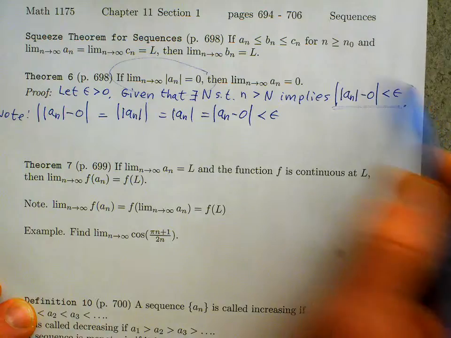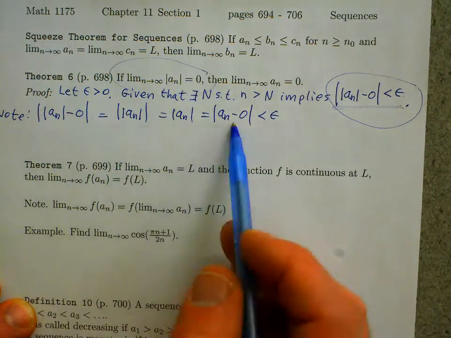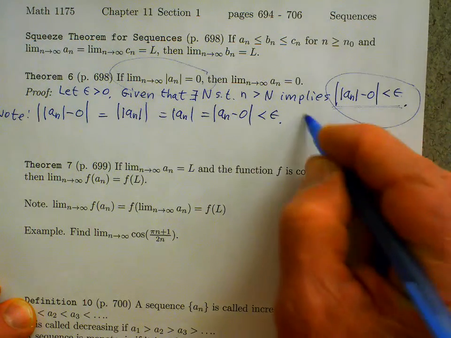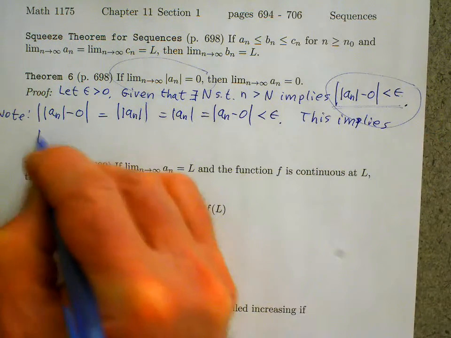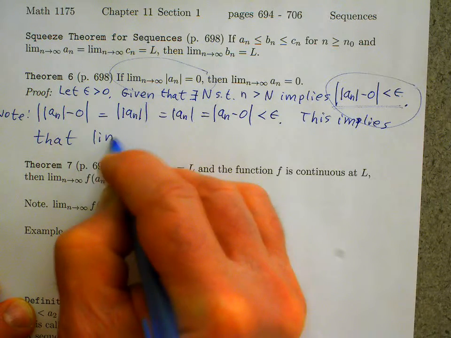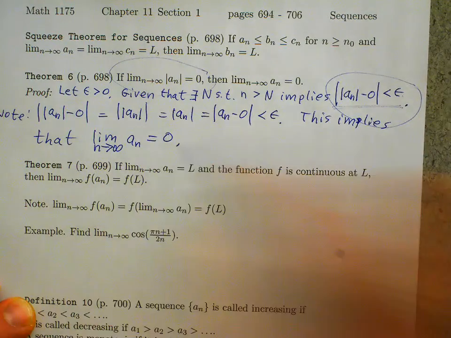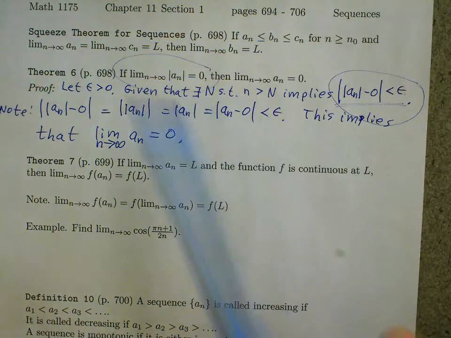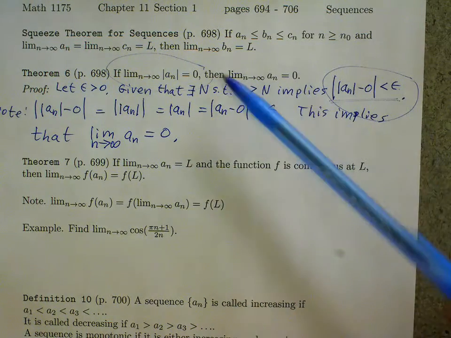Because we started out with this being less than epsilon, and we showed that the absolute value of a sub n minus 0 is less than epsilon. And this implies that the limit as n approaches infinity of the a sub n terms is also equal to 0. Okay, we're not going to do proofs in this class, but this is just a simple proof. But the main thing you should remember is this theorem. This will be useful to remember as we go.